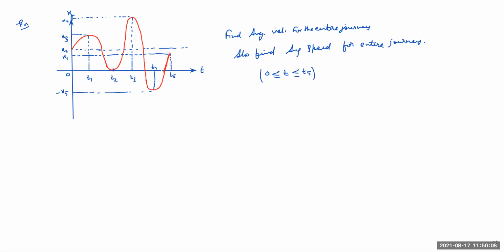We look for positivity only in scalar calculations. The next part is to find the average speed. There you need to think only of the value, not the sign. Understood? This is a very important part to learn: in velocity calculation, don't try to make something positive. If it comes out negative, it's totally okay. All right.